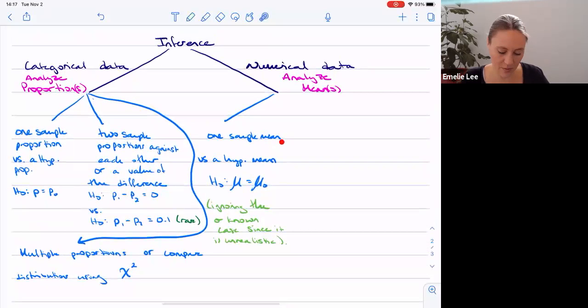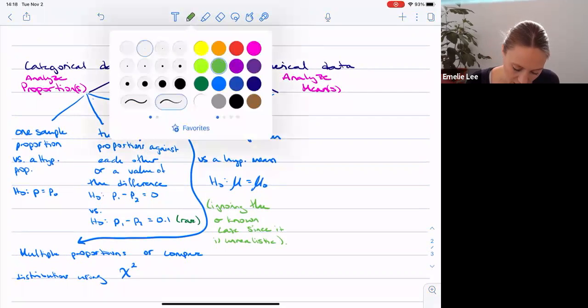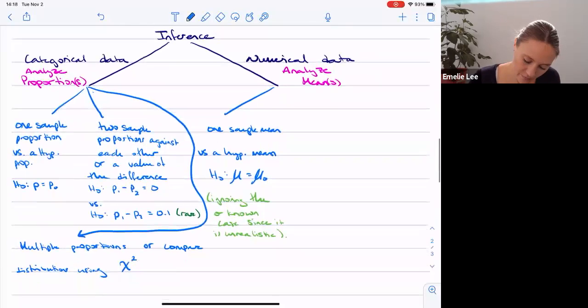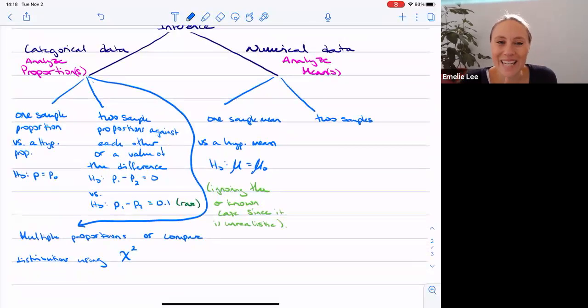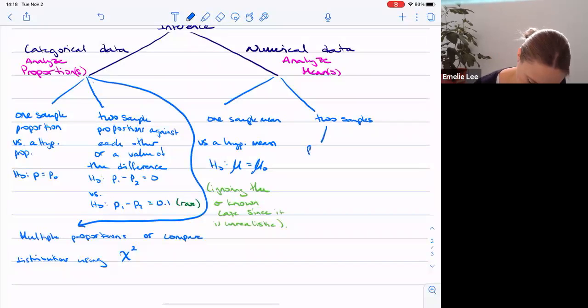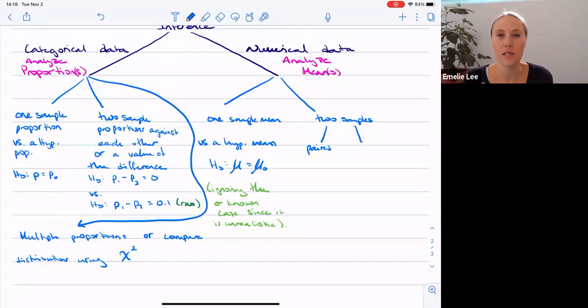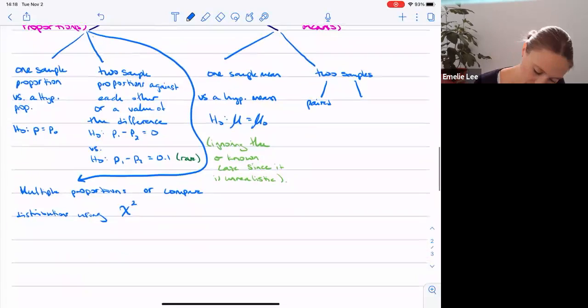So if I have one sample mean, I want to test it against some hypothesized mean. Or if I have two samples, then they could be paired. Or they could be just two independent samples.